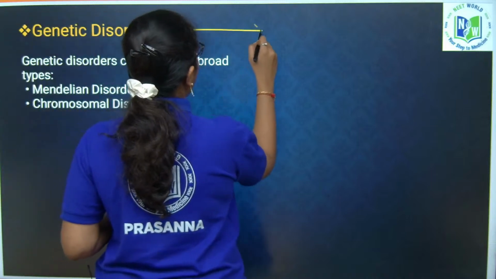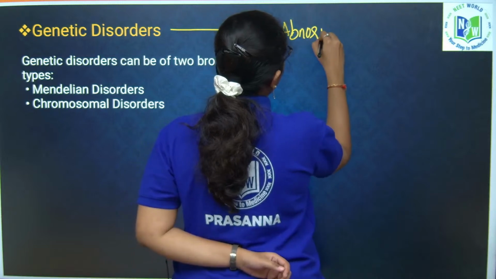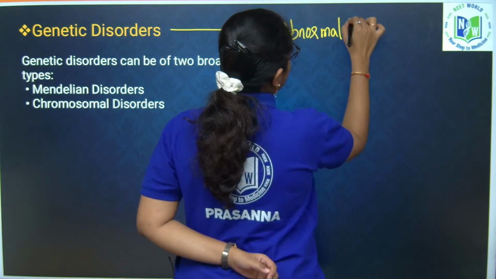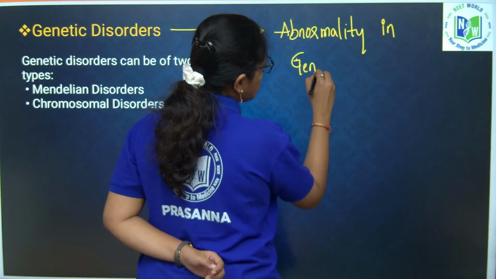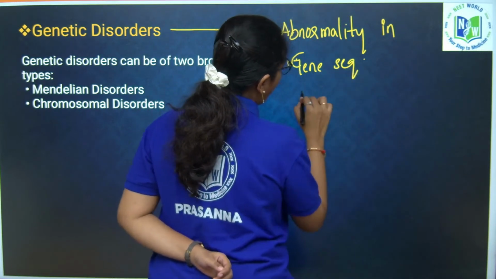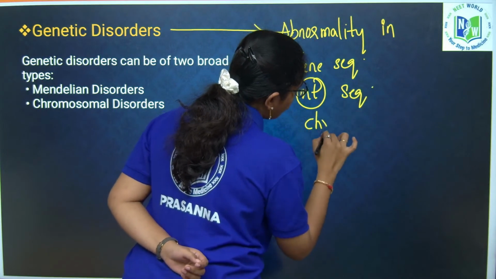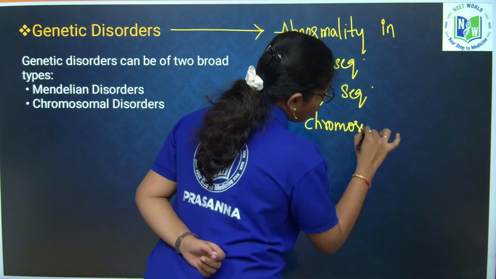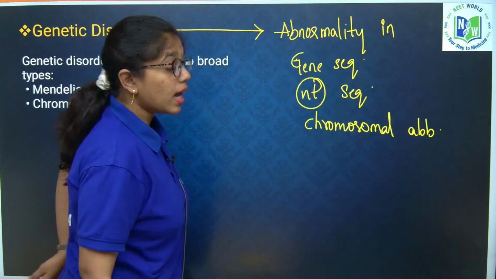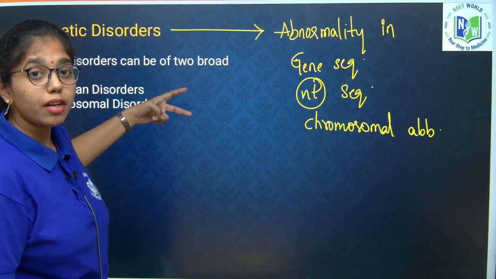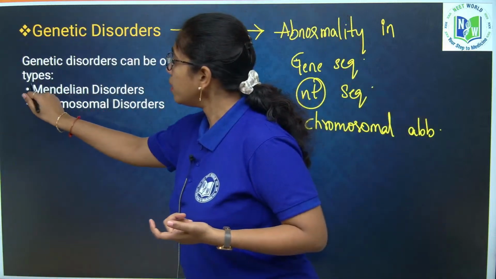Genetic disorders are caused due to abnormality in either gene sequence or nucleotide sequence or chromosomal aberrations. So yes, genetic disorders are broadly classified into two types based on Mendelian inheritance.